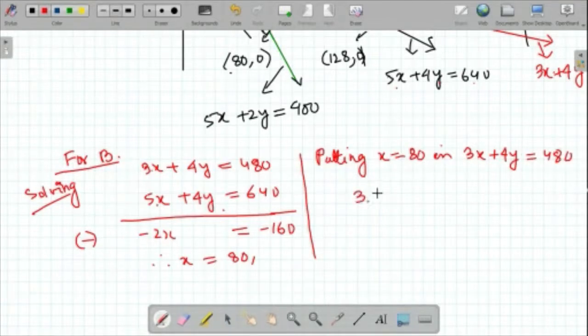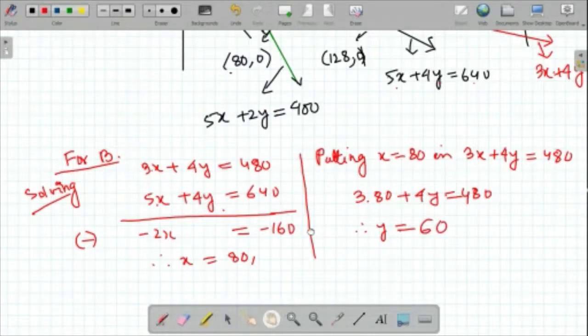This will be 3 into 80 plus 4 into y equals to 480. If you solve it, what is the answer? 240. So 480 minus 240 will be 240, and 240 divided by 4 is 60. So we get how much?